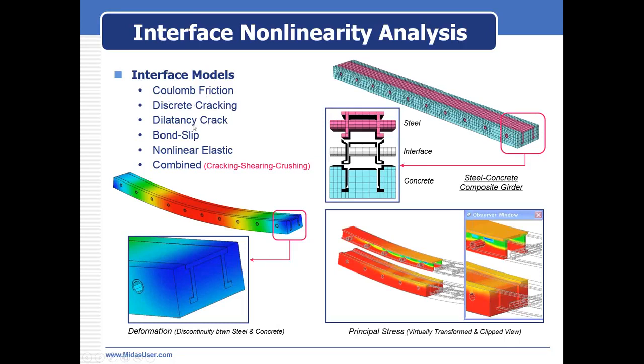We also have Coulomb friction and nonlinear elastic, which is most commonly used for the steel-concrete interface. FEA also supports combined cracking, shearing, crushing, which is used for masonry models. So any sort of interface can be simulated in Midas FEA.